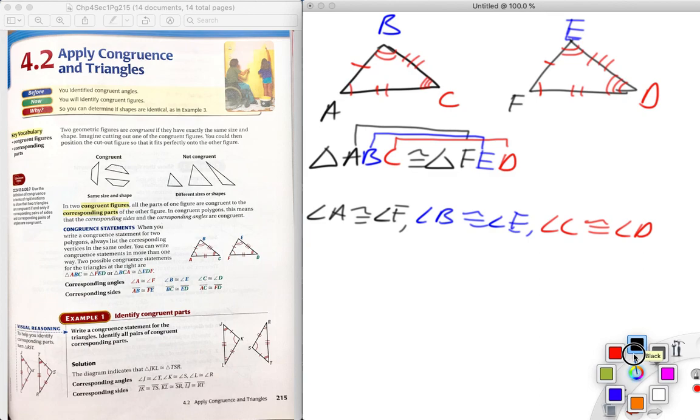In terms of sides, side AB is congruent to side FE.